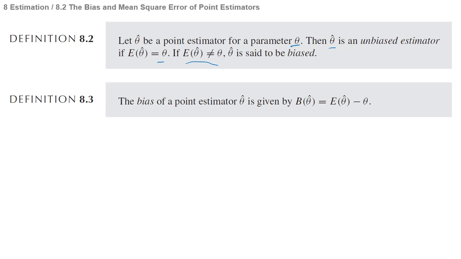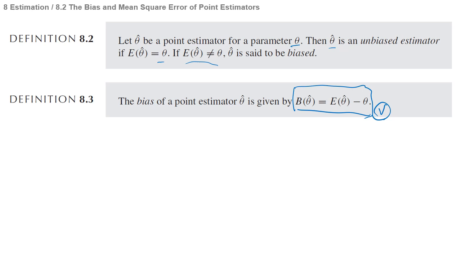The bias of a point estimator theta hat is given by this: the bias of theta hat is equal to the expected value of theta hat minus theta. This is the definition of the bias term.